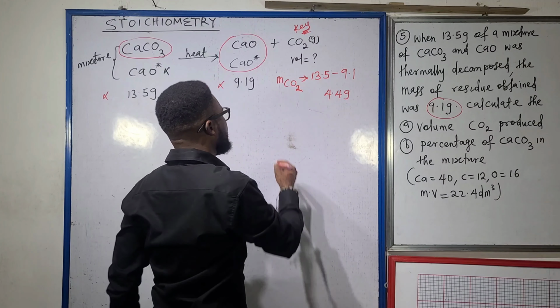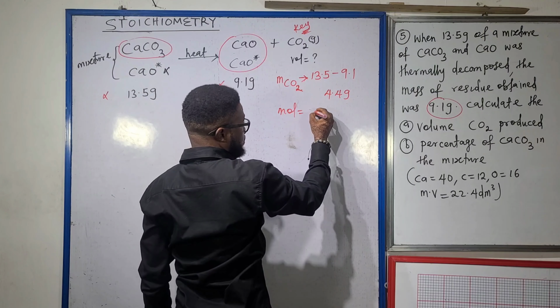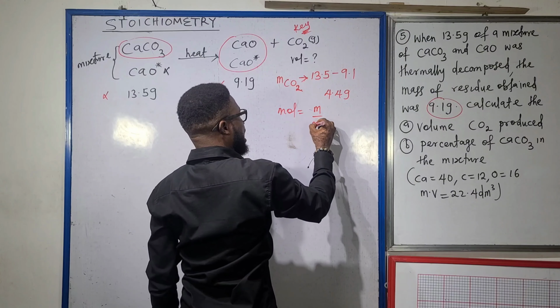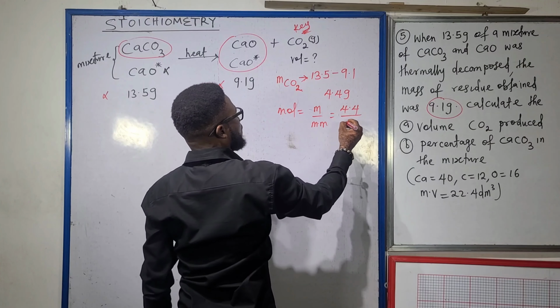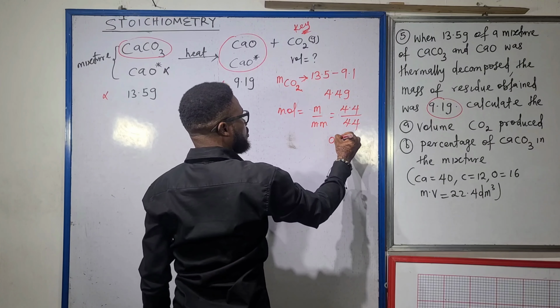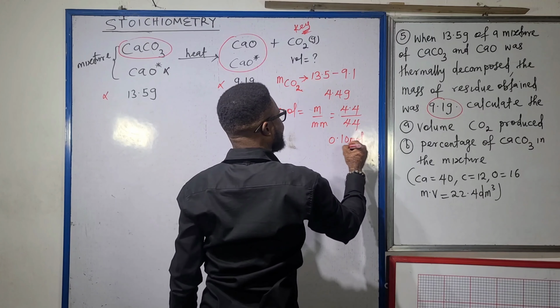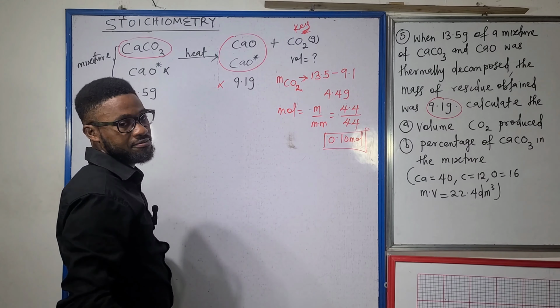So what do I do to my key normally? I convert it to mole. Mole of this is mass over molar mass, and that will give you 4.4. Molar mass of carbon dioxide is 44. 4.4 divided by 44, 0.10 mole. This here is my key. I cannot use this. I cannot use this.